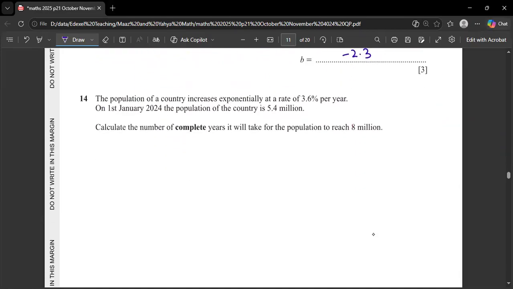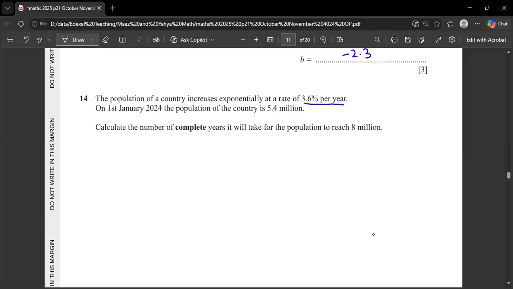The next question says the population of a country increases exponentially at a rate of 3.6% per year. On 1st January 2024, the population of the country is 5.4 million.